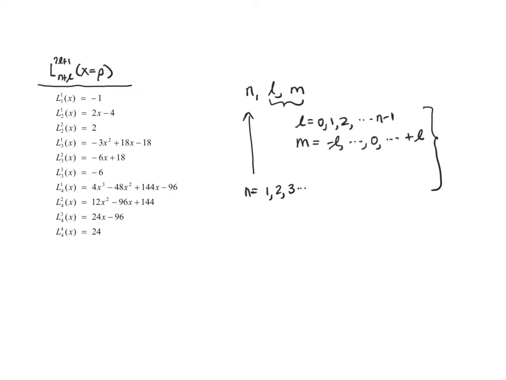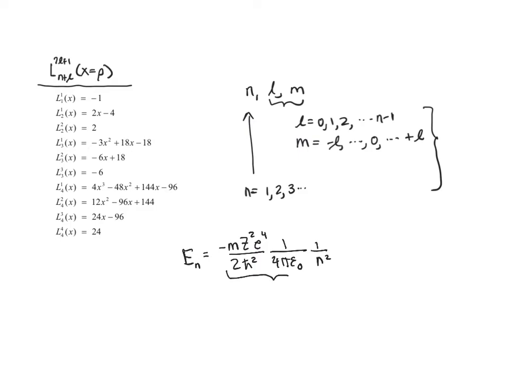No solution to an eigenvalue problem is complete until we know what the eigenvalues are. And when we solve the radial equation, we find that the eigenvalues depend only on the quantum number n, and they're equal to minus the mass times the atomic number squared times the charge on the electron to the fourth, divided by 2 h bar squared times 1 over 4 pi epsilon naught, divided by 1 over n squared.